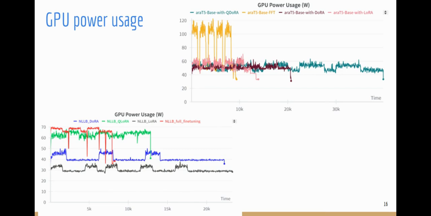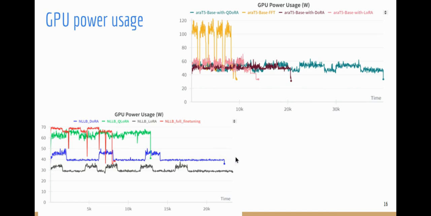As we see here, full fine-tuning uses so much more power on the GPU compared to the other techniques in both of the models. This is the mT5 graph and this is the NLLB graph.